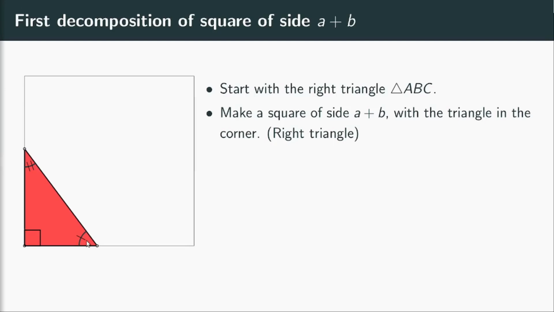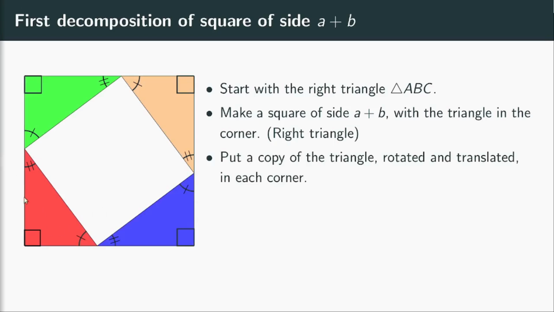Now I take three more copies of this right triangle and place them at each of the corners, so that the sides alternate: a, b, a, b, a, b.